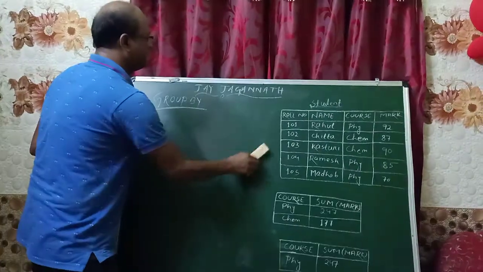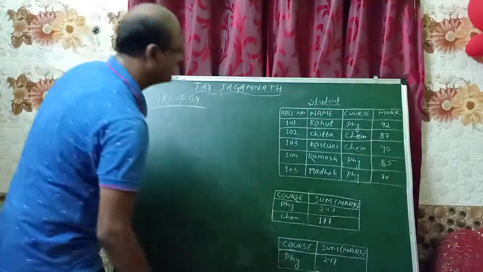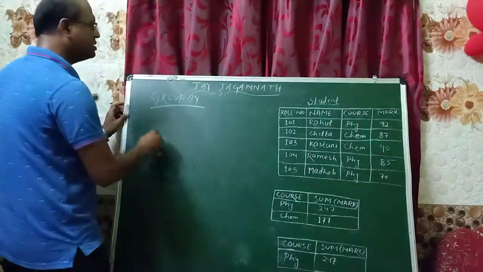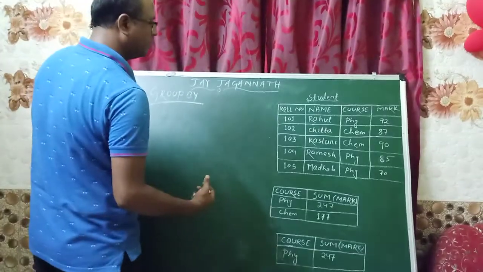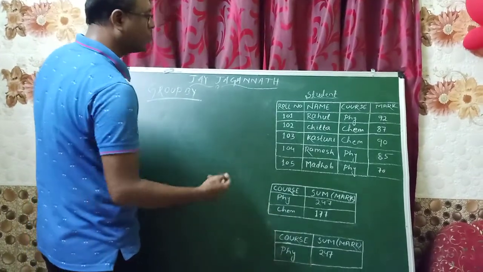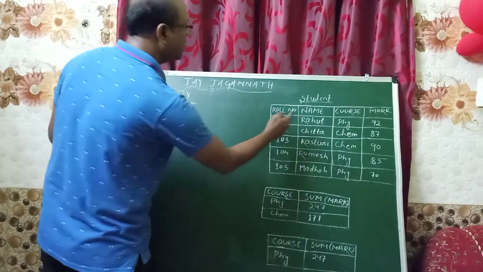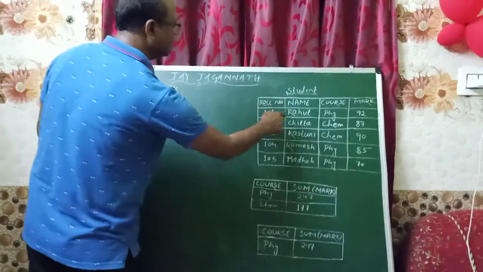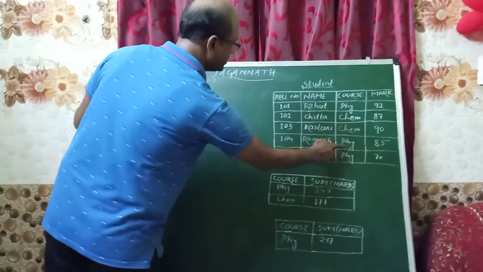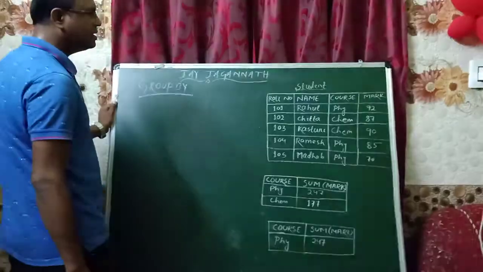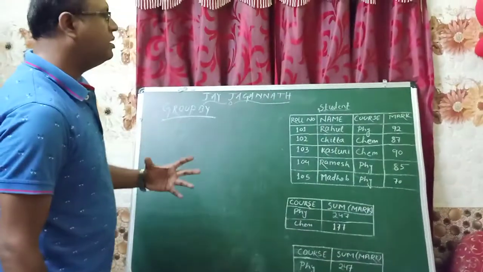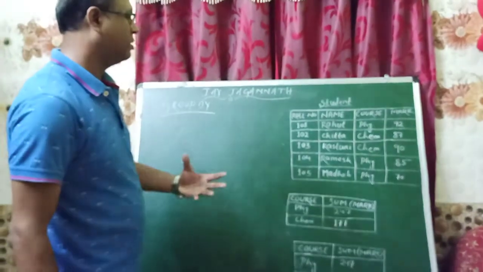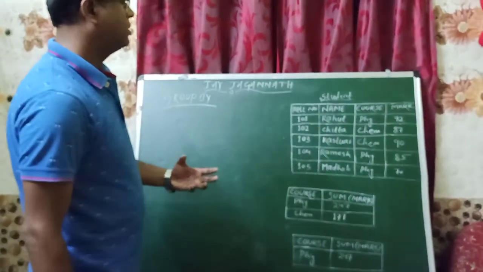Here, my intention is to write a query which will give the course name and summation of the marks. Here, look at the courses are physics, chemistry, physics, and physics. My intention is to retrieve the sum of marks course wise.